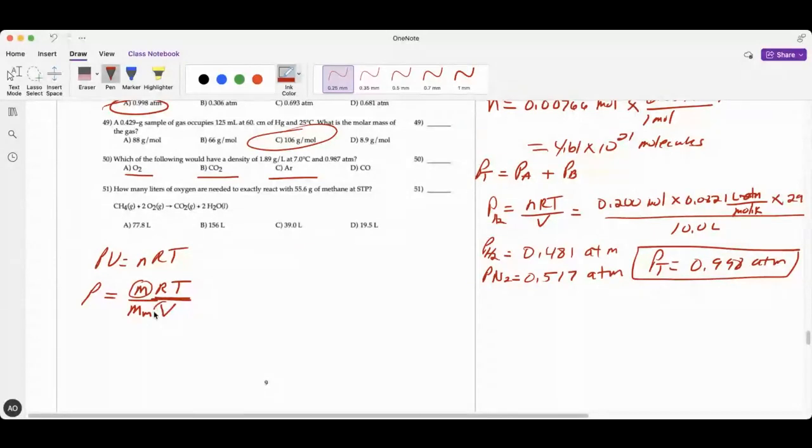Mass over volume is the density, so the pressure is equal to the density times RT divided by the molar mass. Solving for density, density is equal to the pressure times the molar mass over RT.